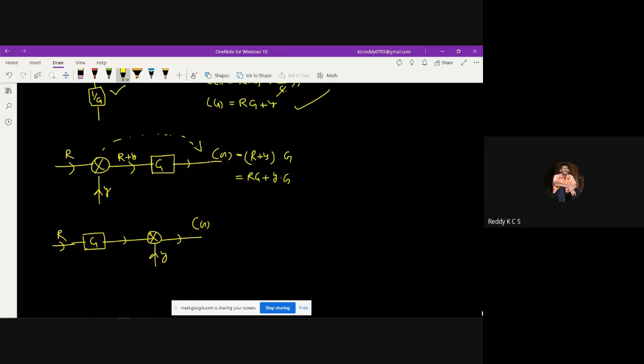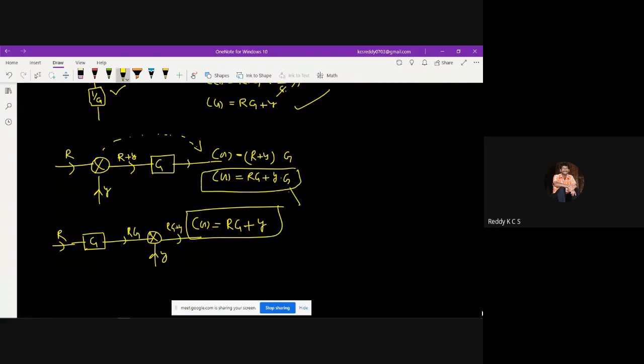But while shifting, you should not simply shift without affecting the outputs. That is very important. If I look at this, this is the RG value, and this is the Y value. So I'll be getting RG plus Y as the output. This is the output of this block diagram, and this is the output of the actual block diagram, so this should not be changed.